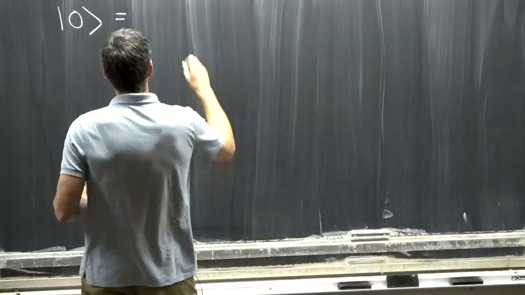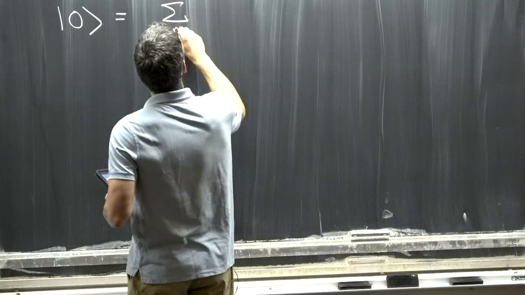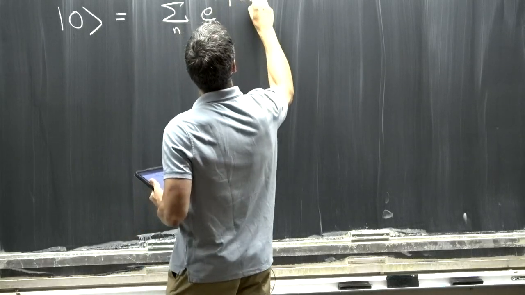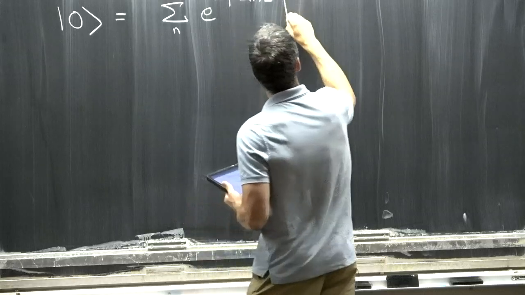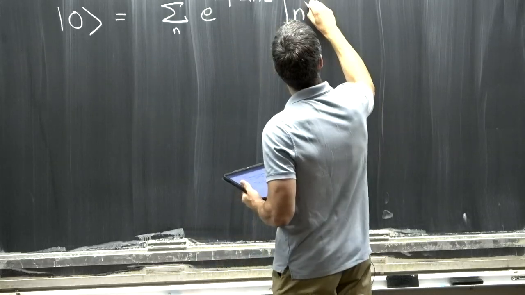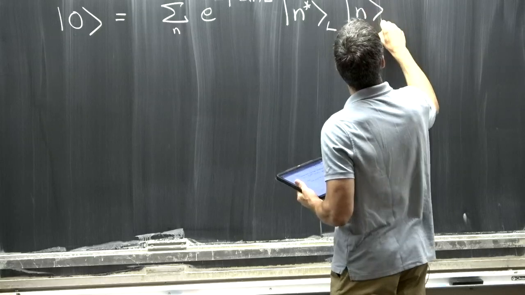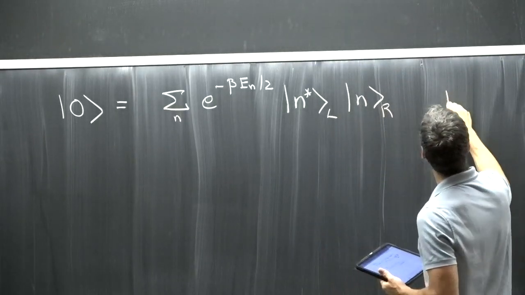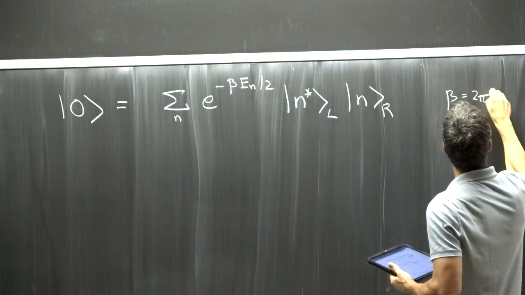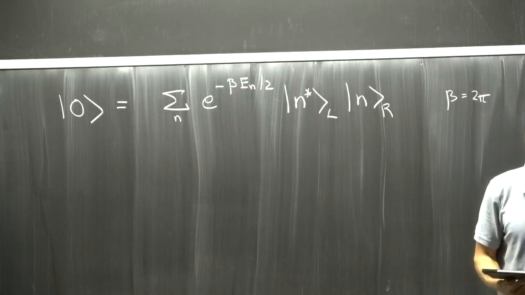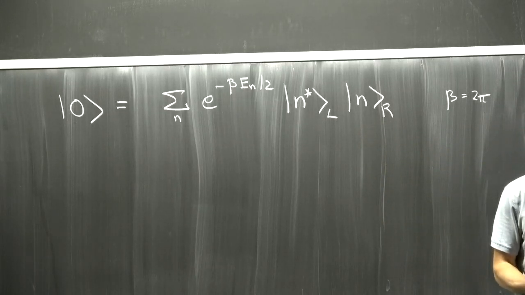So this 0 is our Minkowski vacuum. This I'm going to write as a sum over states n, e to the minus beta E_n over 2, of n star L and n R, where this is re-expressing the Minkowski vacuum in terms of Rindler states.